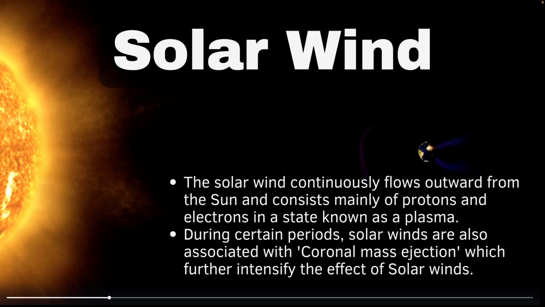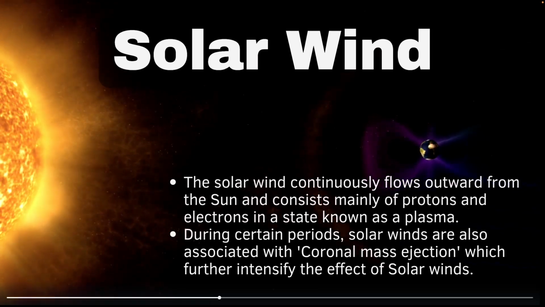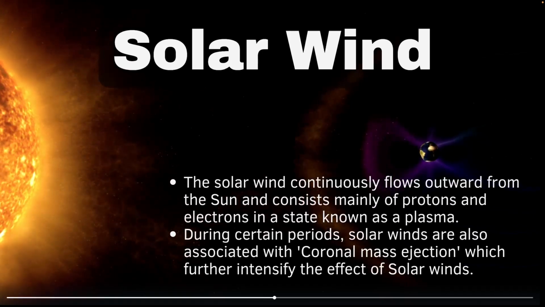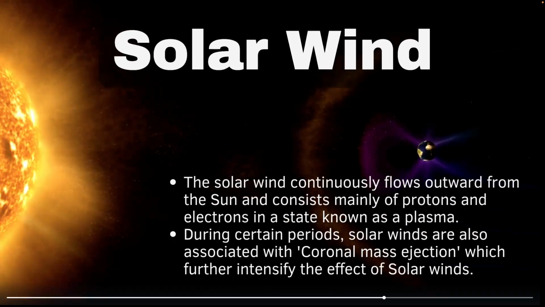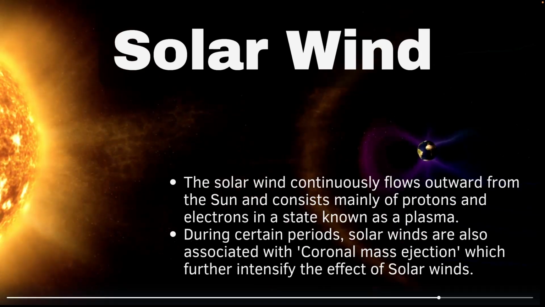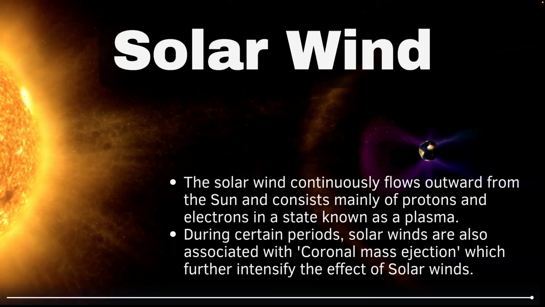So overall, we have a continuous flow of solar winds, and adding to that there would be coronal mass ejection during certain periods, and when there is a coronal mass ejection, it would intensify solar winds and the hazards associated with it.